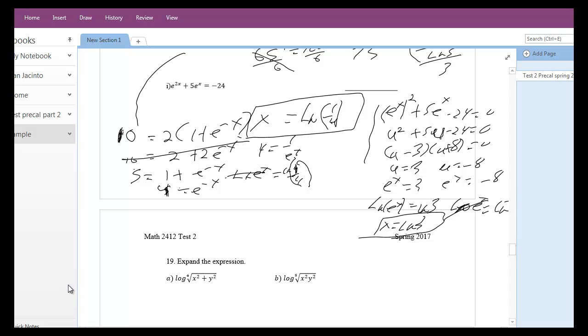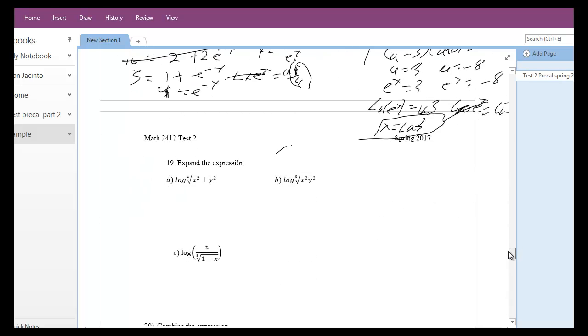Expansion means take it and break it apart. I know right here I have 1 log, so that's going to be log of x squared plus y squared raised to the 1/4.